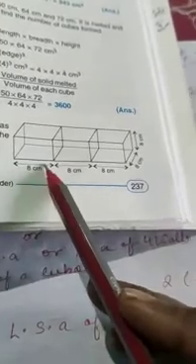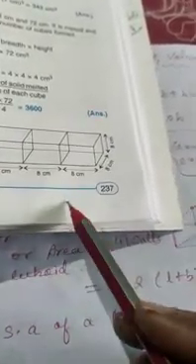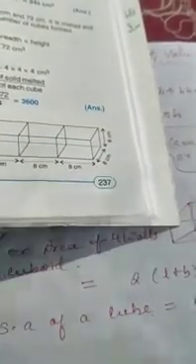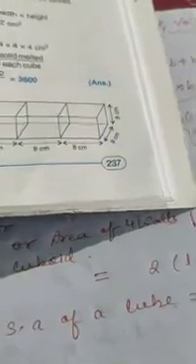So 8 centimeter plus 8 centimeter plus 8 centimeter. 8 plus 8 is 16, and 16 plus 8 is equal to how much? 24. So 24 centimeter is your length, and what is your breadth? Breadth is 8 centimeter and height is also 8 centimeter, children. Okay, so in this manner you can find the total surface area and volume also.